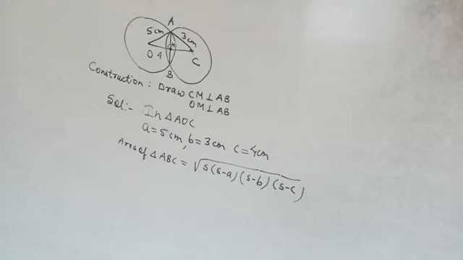Before applying the formula we need the value of S. S will be the sum of all the sides divided by 2. So we add 5, 4, 3: 5 plus 3 is 8, 8 plus 4 is 12. 12 divided by 2 will be 6 centimeter.